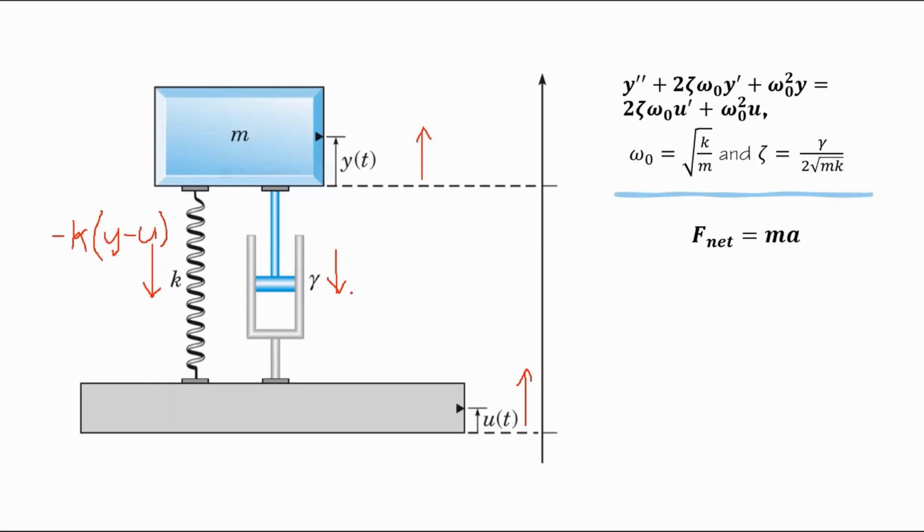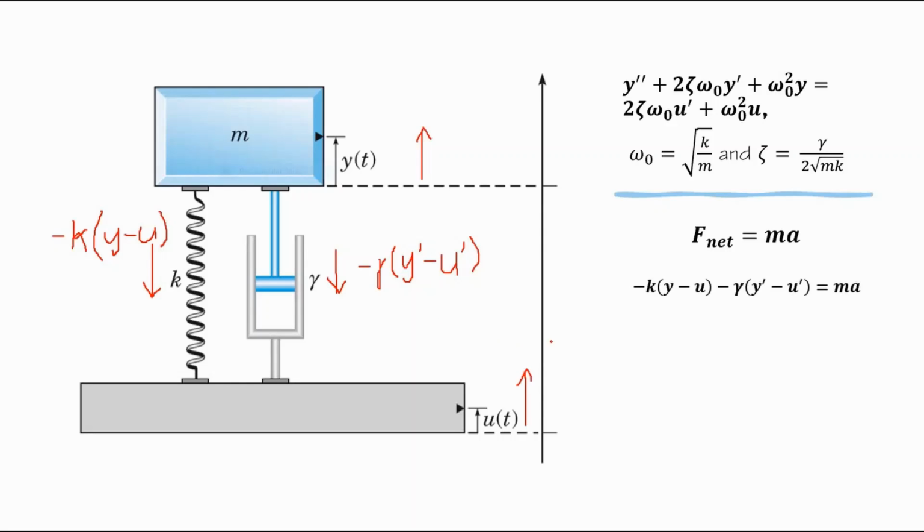Same thing with the damper. It will be negative since it's downward, and gamma is the damping coefficient times the difference between the velocity of y minus the velocity of u. So these will be the forces acting on the system.